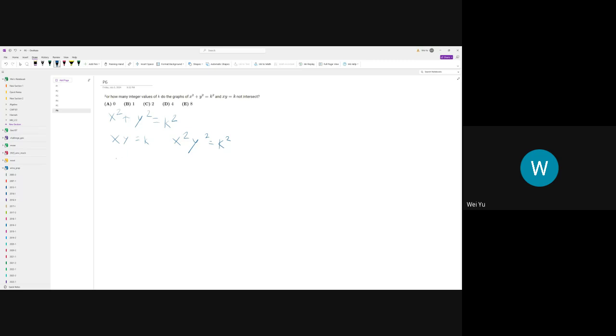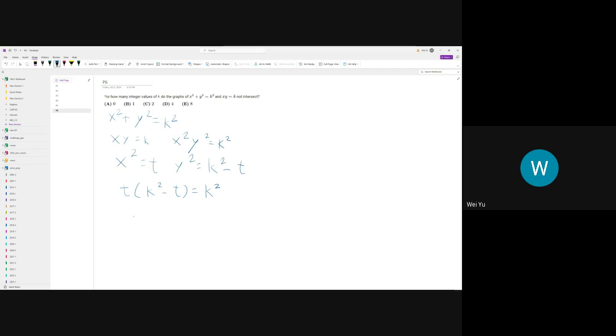So we can let x squared be equal to t. Then we have that y squared is equal to k squared minus t. So there are no solutions to the equation t times (k squared minus t) equals k squared, where t is non-negative.